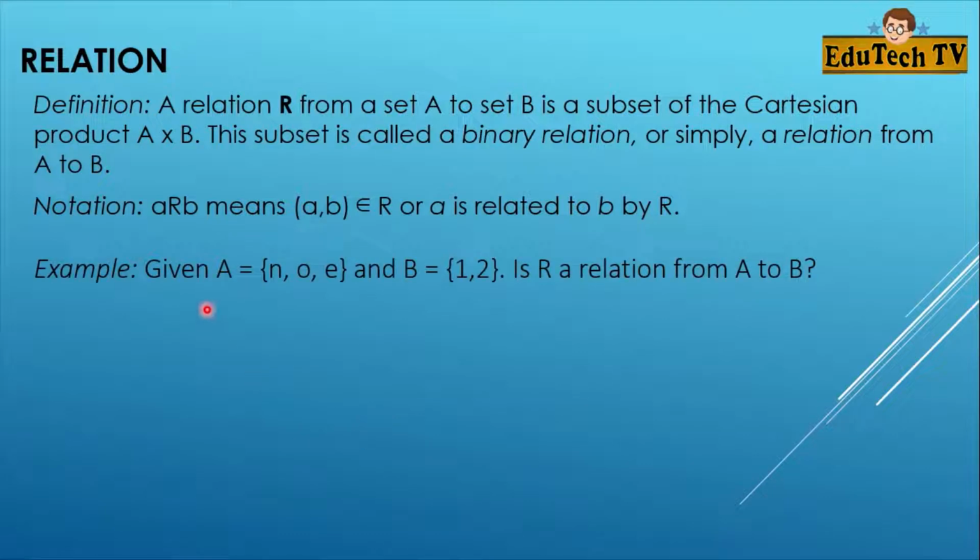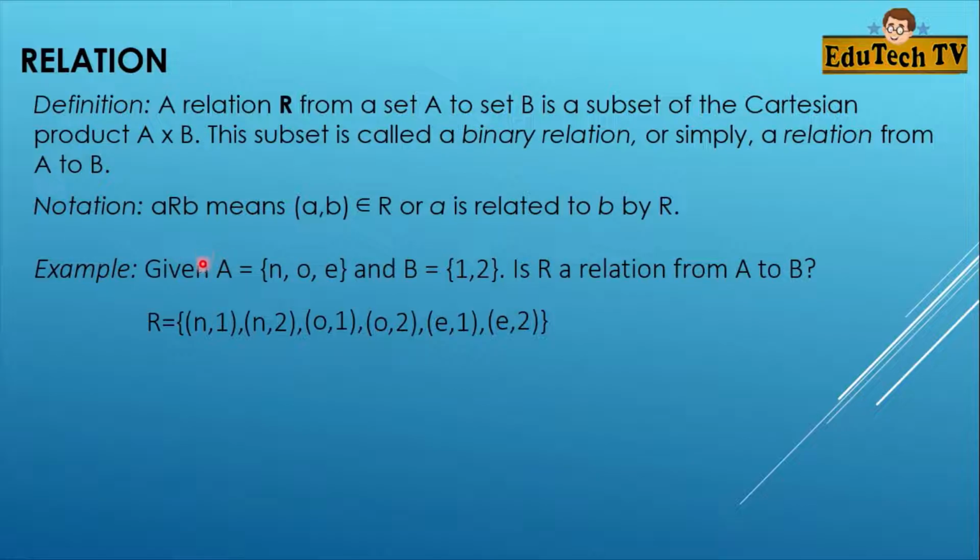Let's have this example. Given set A = {N, O, E} and set B = {1, 2}, is R a relation from A to B? If we have the relation R = {N1, N2, O1, O2, E1, E2}, is this relation a subset of A × B? Now let's check each ordered pair.